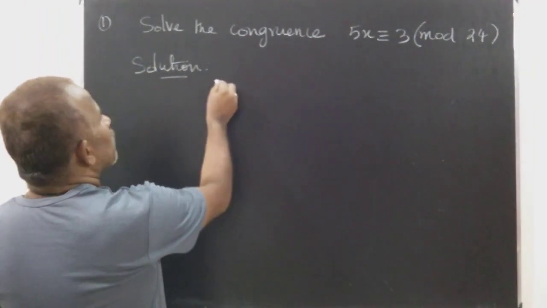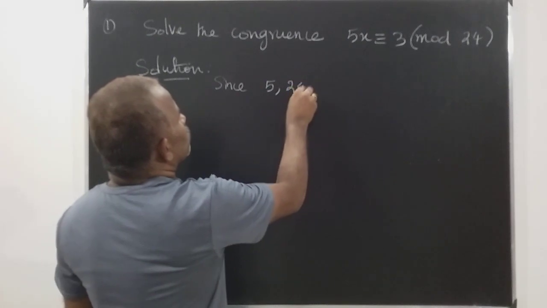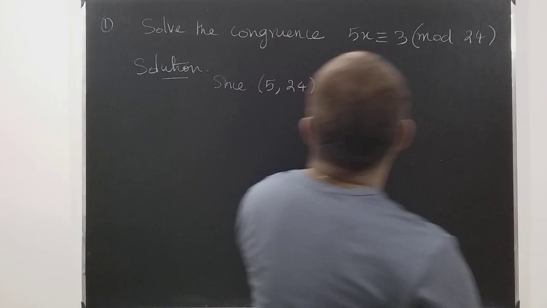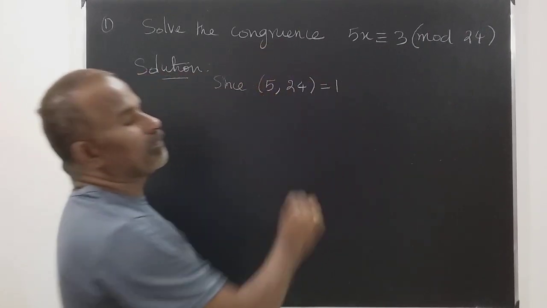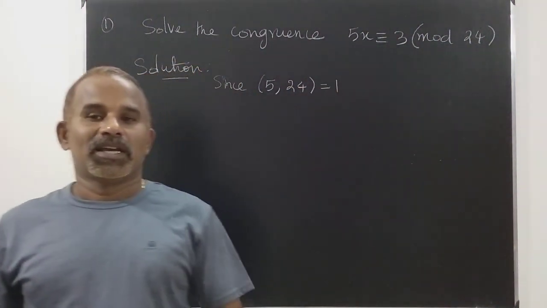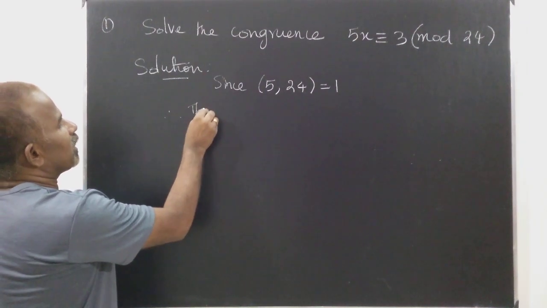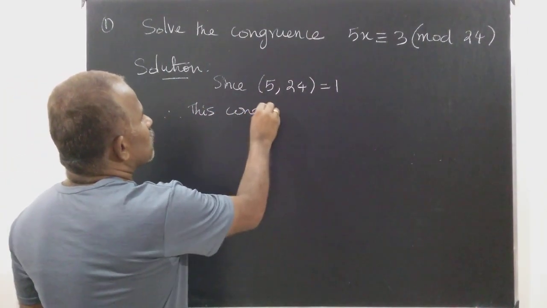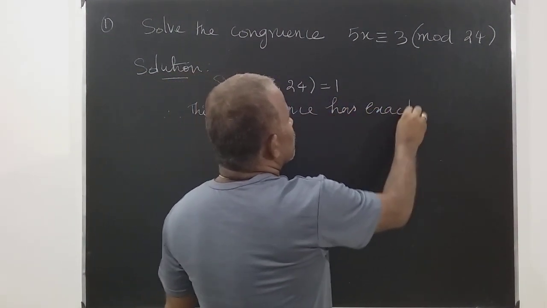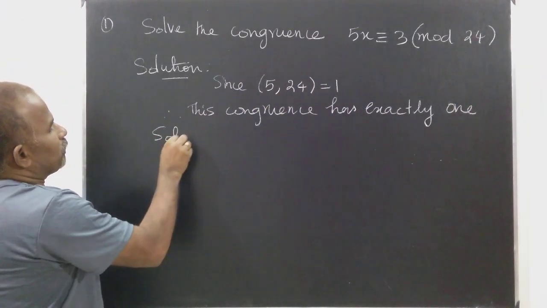Since (5, 24), the greatest common divisor of 5 and 24, is equal to 1, this congruence has exactly one solution.